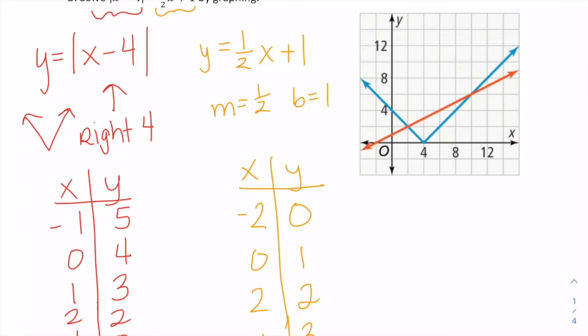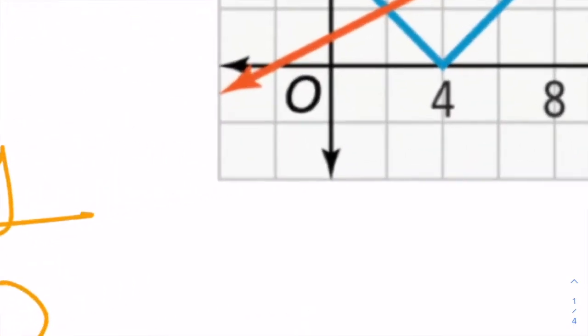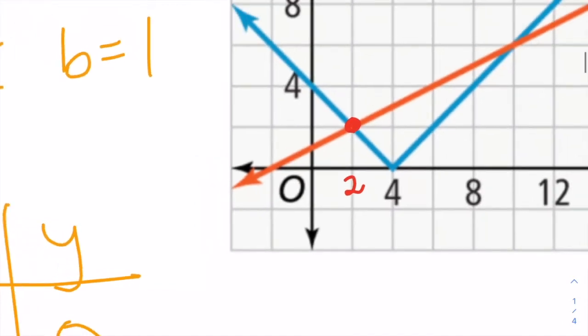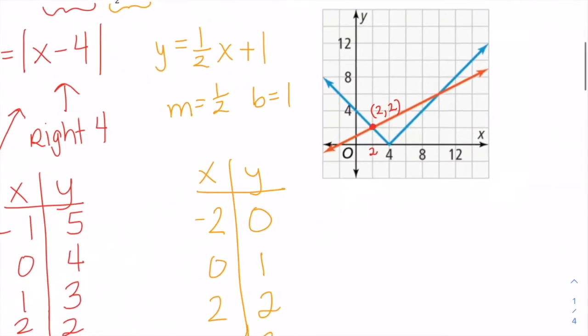So when we have those two functions on the graph, the absolute value and the line, you can see that they both intersect at the point 2, 2. So that's when x equals 2. The coordinate is 2, 2, but when we solve it, we say x equals 2.